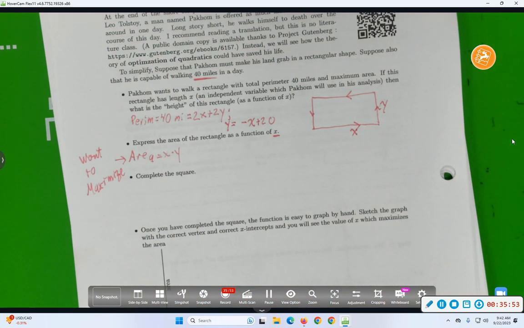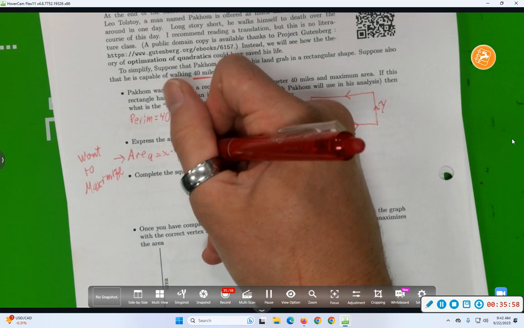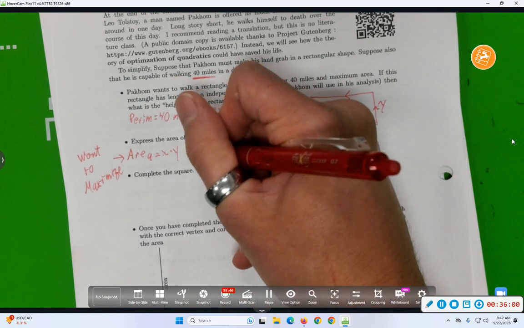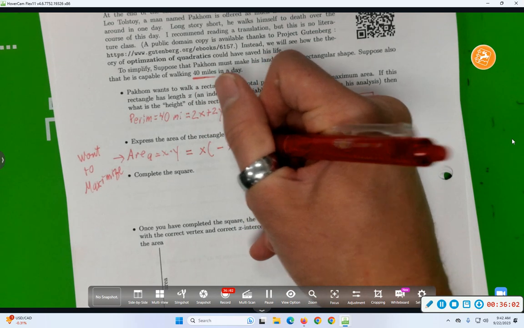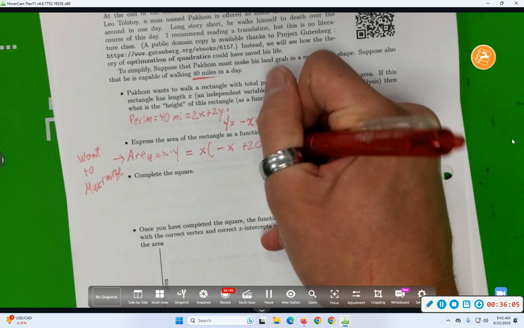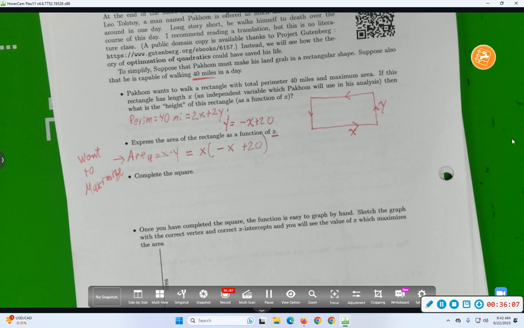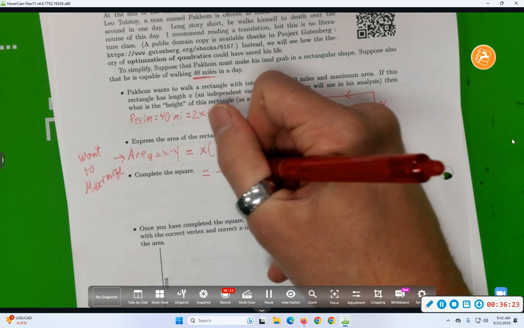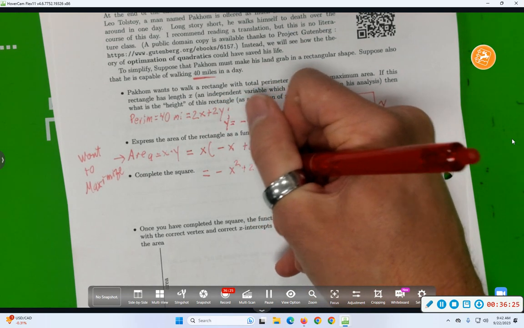But I also already know what y is. Let's use that. This is the same thing as x multiplied by negative x plus 20. Maybe I'll also distribute out that multiplication. It is negative x squared plus 20x.